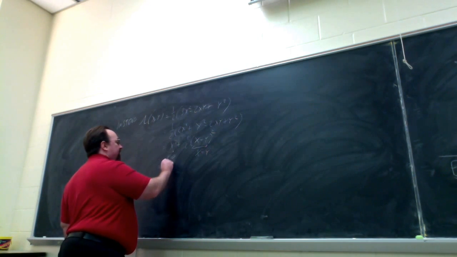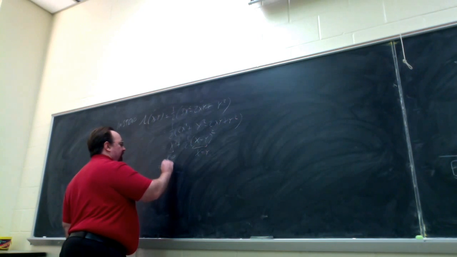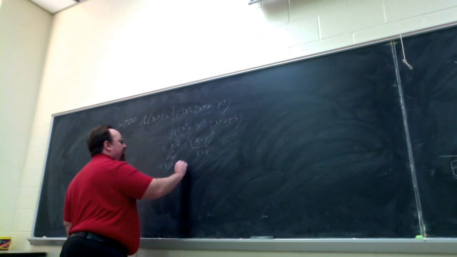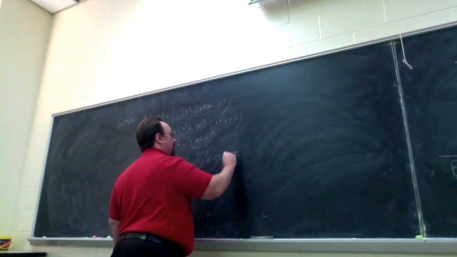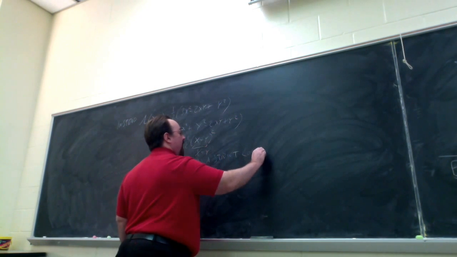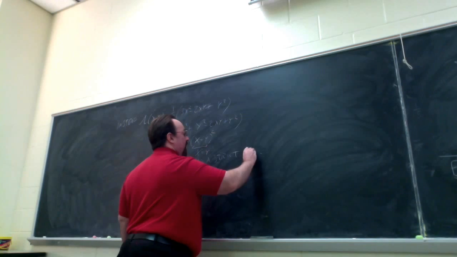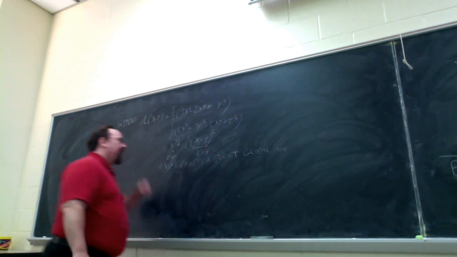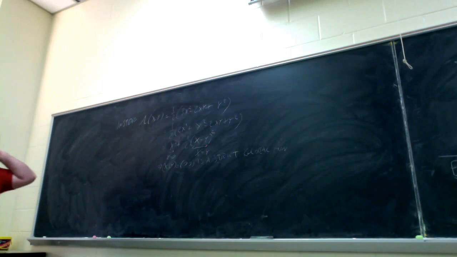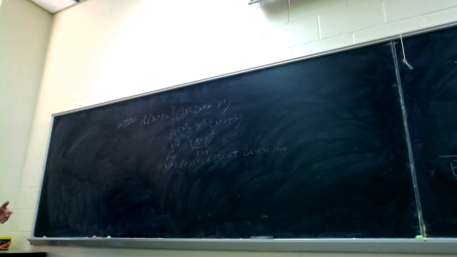So that means that x, y being 0, 0 is a strict local min. Actually, I can say more than that. It is a strict global min. Anytime you have something that's a sum of squares, you find out where all the terms being squared equal 0.